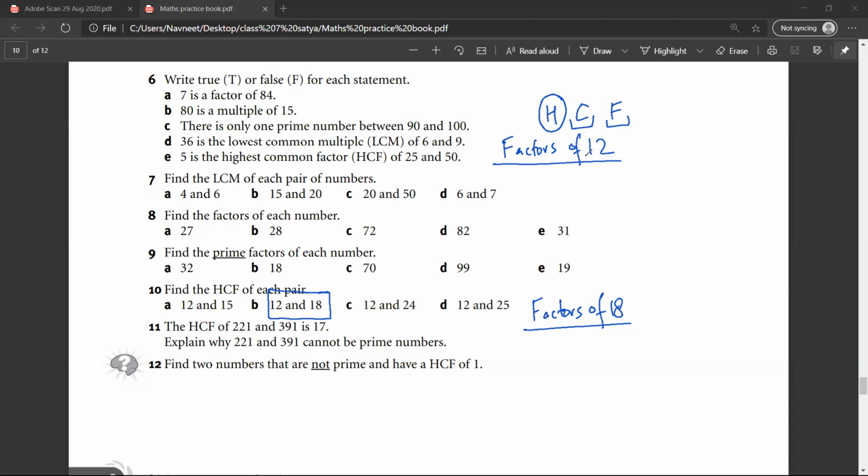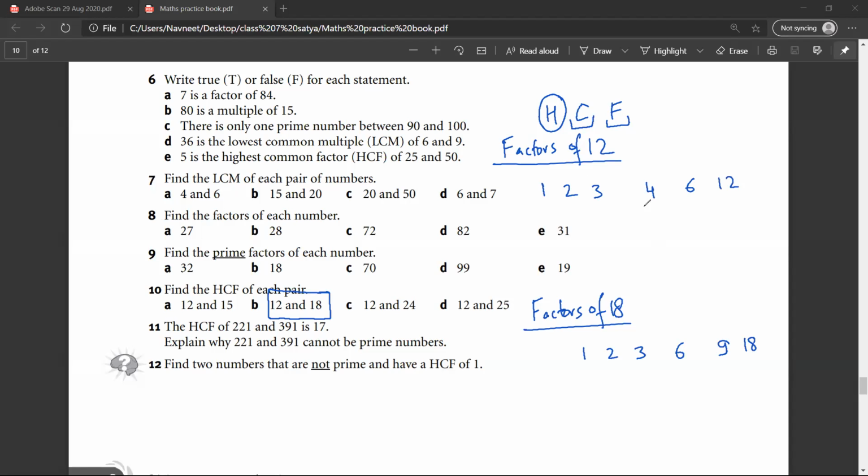Okay, what are the factors of 12? 12, 1, 2, 6, 3, 4. Okay, what are the factors of 18? 18, 1, 2, 9, 3, 6.